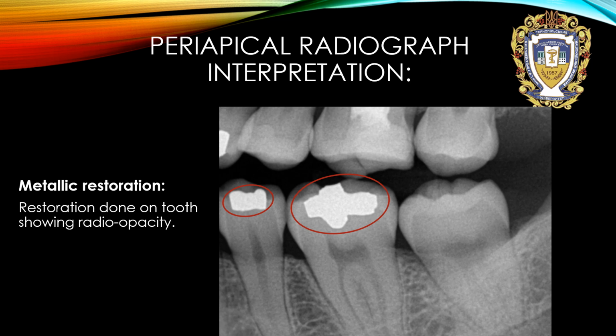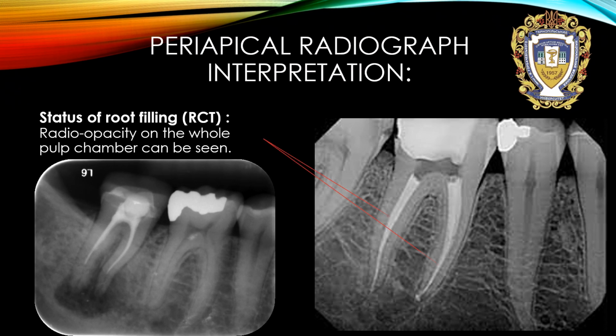Metallic restoration: restoration done on a tooth showing radio opacity. Status of root filling, root canal treatment: radio opacity on the whole pulp chamber can be seen.